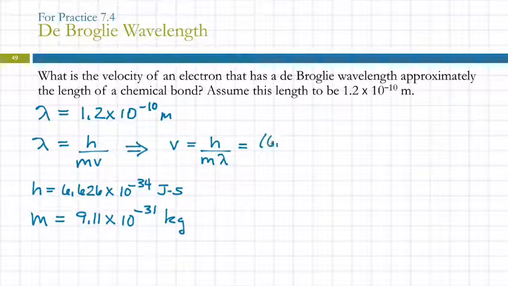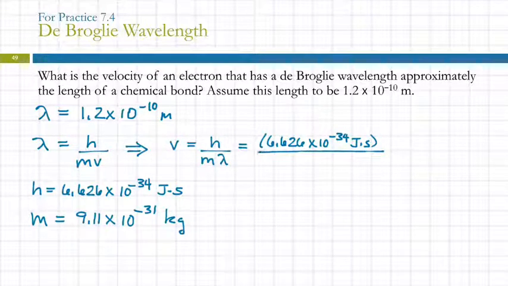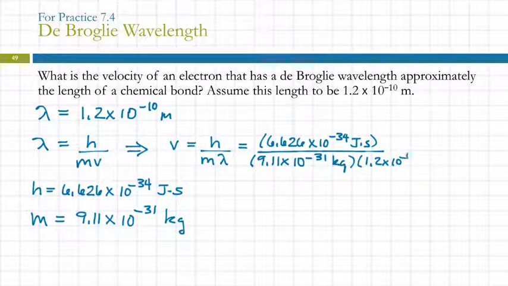So 6.626 times 10 to the minus 34 joule seconds divided by 9.11 times 10 to the minus 31 kilograms, and the wavelength 1.2 times 10 to the minus 10 meters.